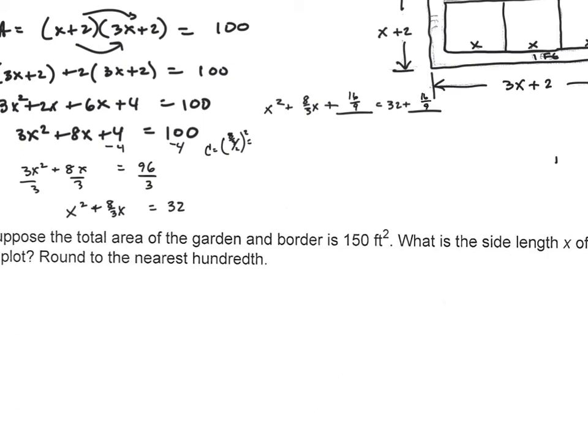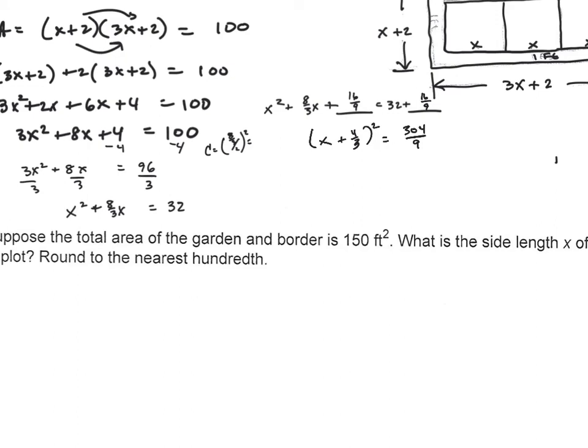So I can go ahead and factor that, and that's going to be x plus 4/3 squared is going to be equal to 304 over 9.